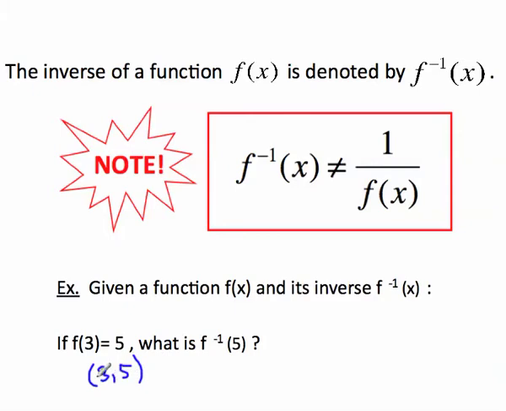The original function has the point (3, 5) on it. Well, remember that on the inverse, the ordered pairs are all the same except their order is swapped. So the inverse will have the point (5, 3) on it. When the input on the inverse is 5, the output will be 3. So that means that f inverse of 5 is equal to 3.